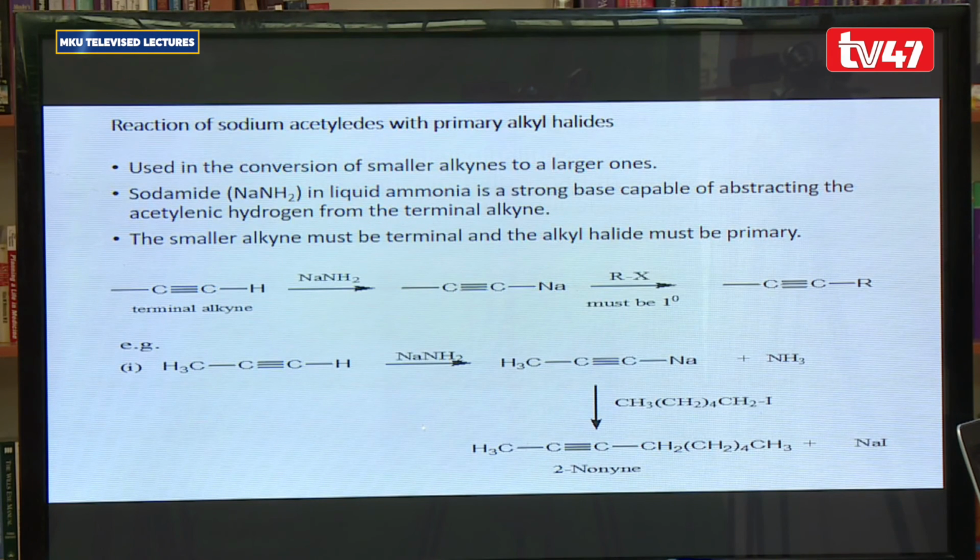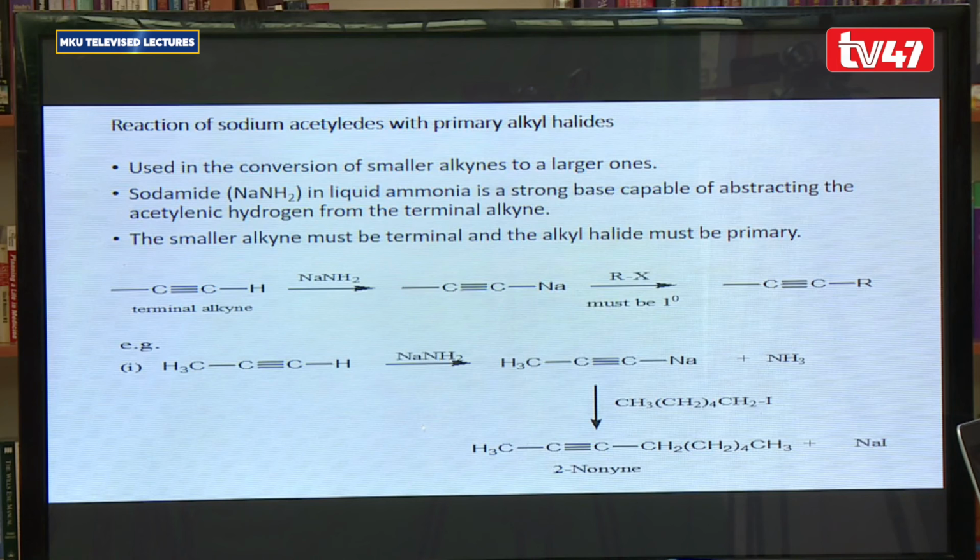So you can also convert smaller alkynes to larger ones by joining sodium acetylides with primary alkyl halides. The primary alkyl halides, in the presence of sodamide, will react.